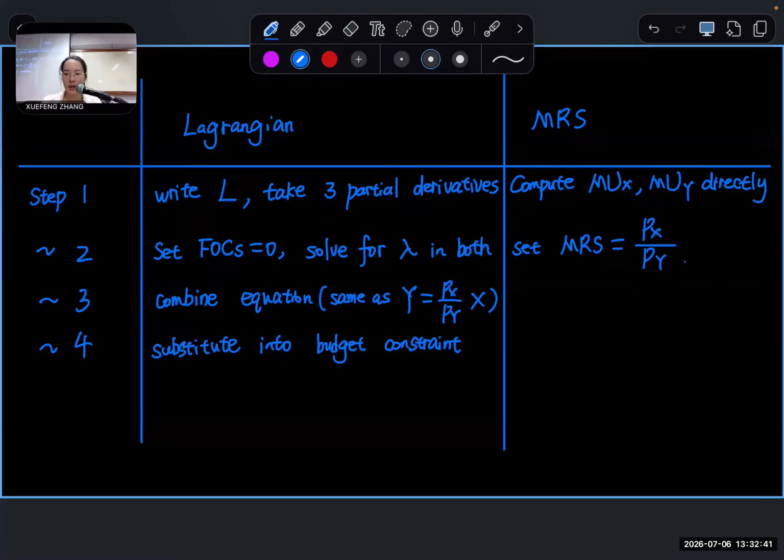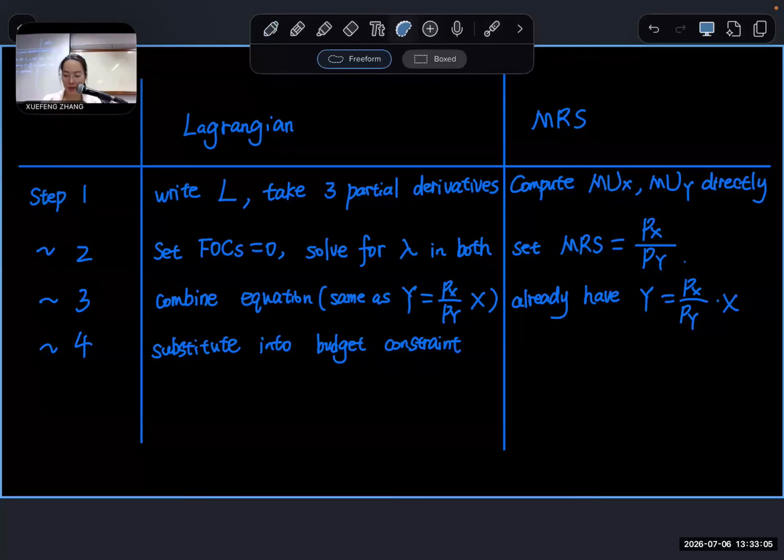And then, because as long as you set the MRS equal to the price ratio, you're going to get Y equals PX over PY times X. The same, and then you substitute into the budget constraint.